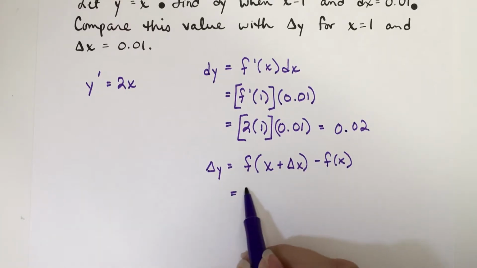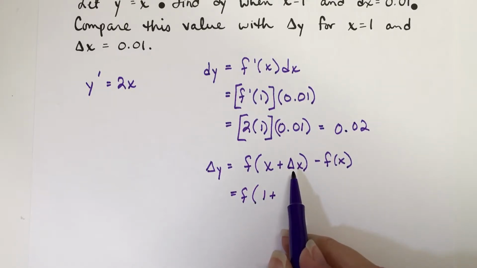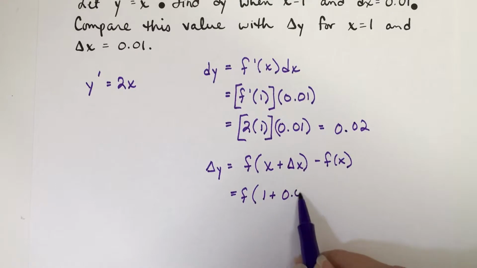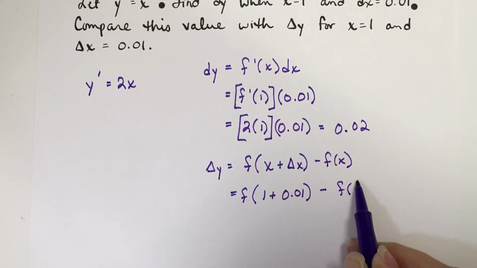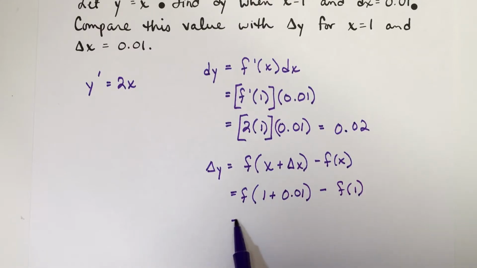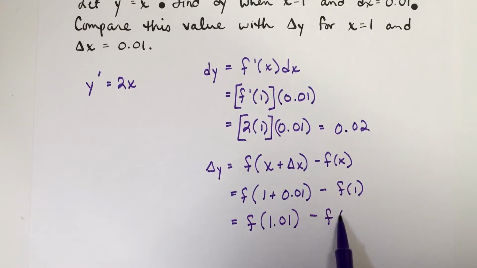All right, so we know that our x value, remember, is 1. And we were told that the delta x, remember, is the 0.01. And we're going to subtract from that f of 1. All right, so you can add your 1 and your 100th. Of course, that's going to give you 1.01 minus f of 1.